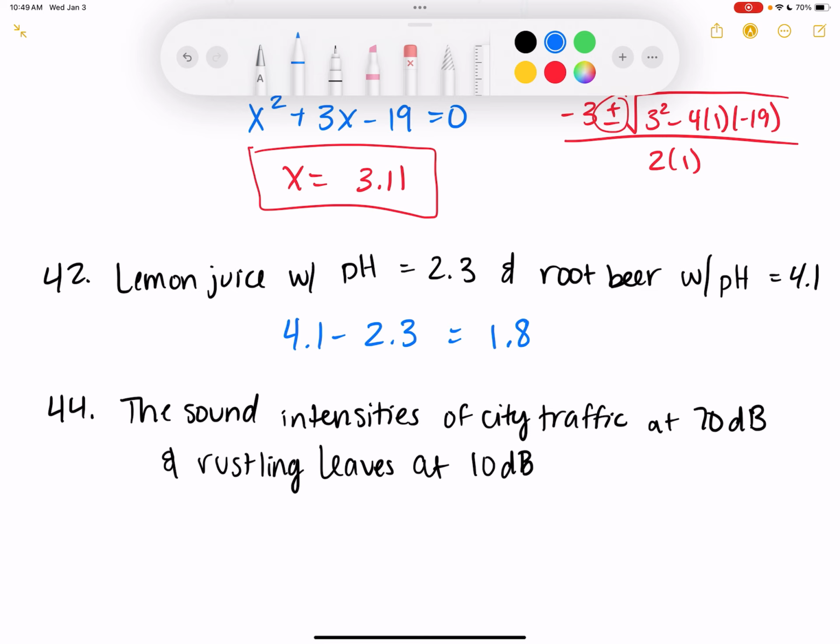We still do 70 minus 10, which is going to be 60. But because it's a power of 10, order of magnitude you can think of as, what is that word? Scientific notation.